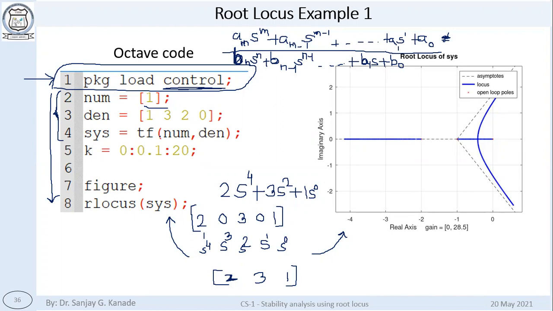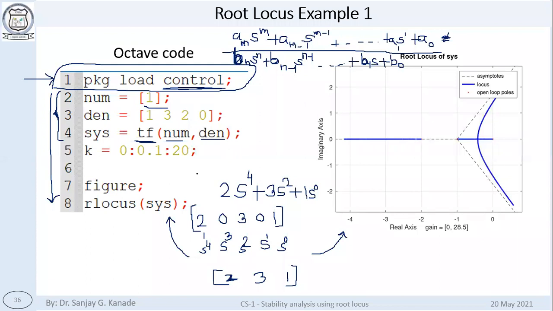So using our equation, I have given here the numerator polynomial coefficient as 1 and the denominator polynomial coefficients as 1, 3, 2, 0. The command is tf, for creating a transfer function from numerator and denominator polynomial coefficients.